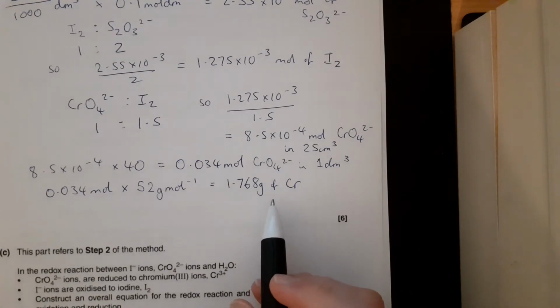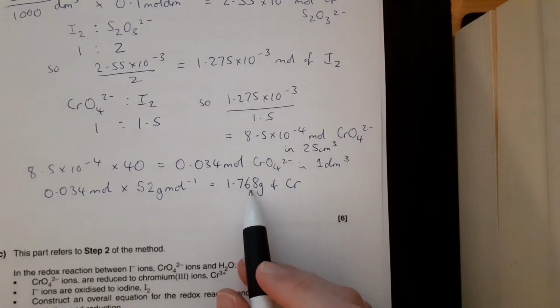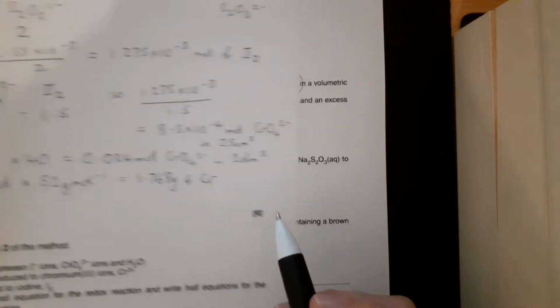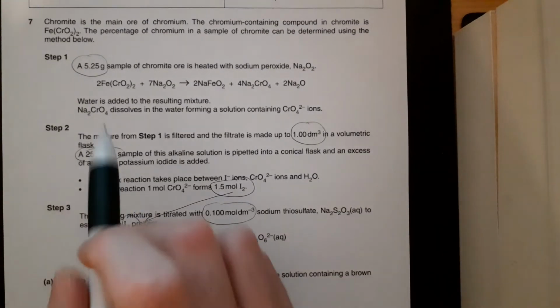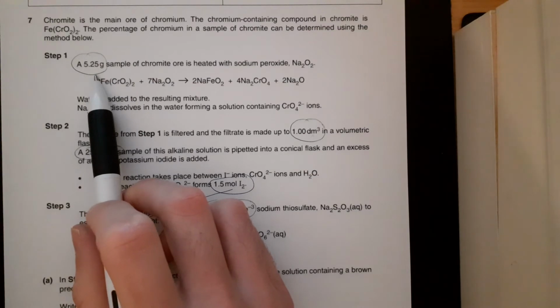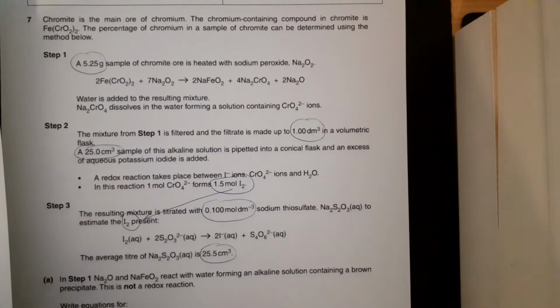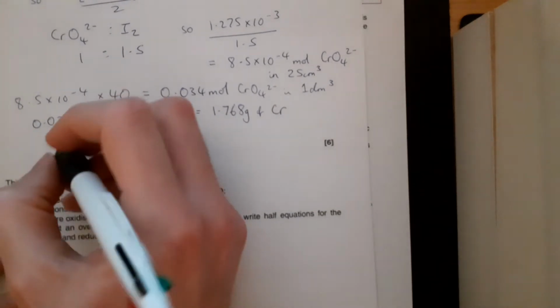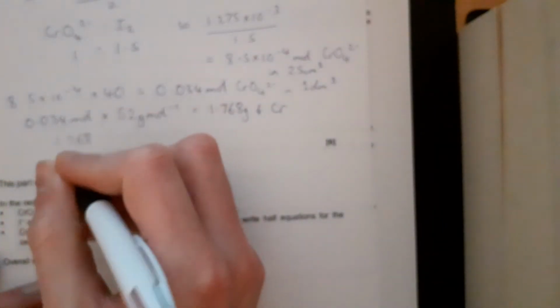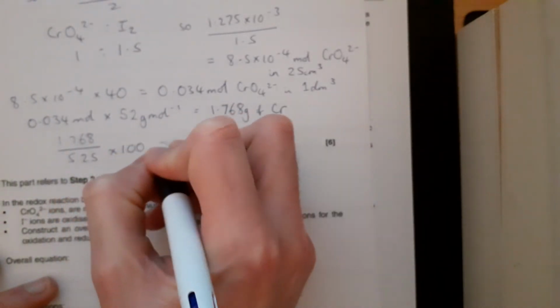Right, and then we want to do this as a percentage. So hopefully this is smaller than the mass we had at the start. Ooh, yeah, 5.25 grams, okay, it's not even close. So we want to do this one divided by that one, don't we? So we're going to do 1.768 divided by 5.25 and then times it by 100.